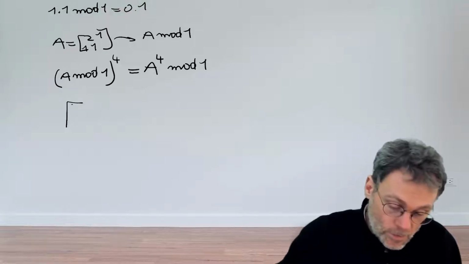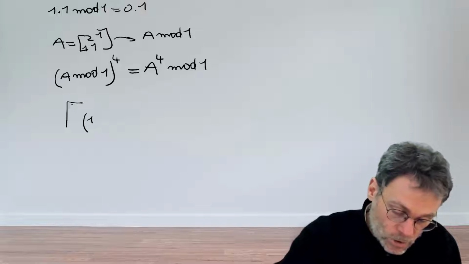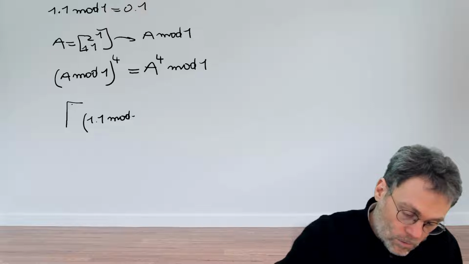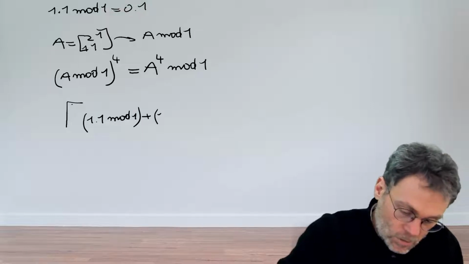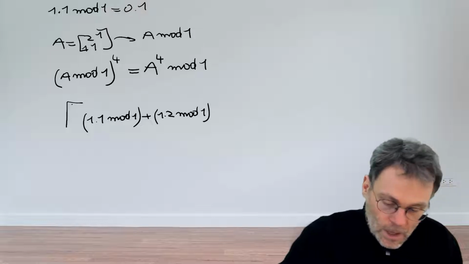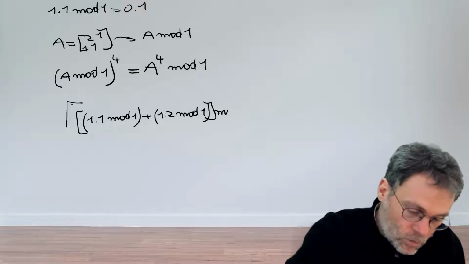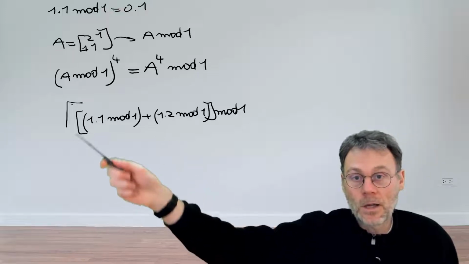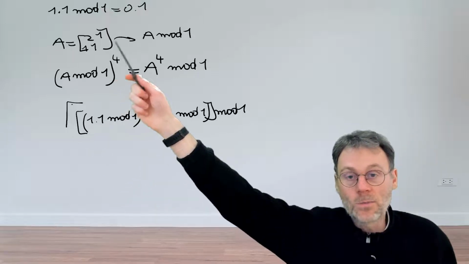So let's give some examples of two numbers, first of all for summation. So let's say we have 1.1 mod 1 plus, let's say, 1.3 mod 1, and then finally we have mod 1 at the end. Again, this is just a hypothetical calculation here, it has nothing to do with this particular matrix.